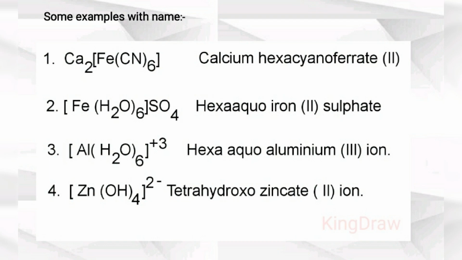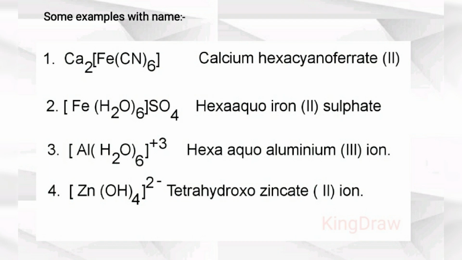See example number 2, [Fe(H2O)6]SO4. Here water is the ligand and its coordination number is 6. The central metal ion is iron with oxidation state 2+, and SO4 is present outside the coordination sphere. Here SO4 is a negative ion, that is the anion, and the remaining part is the cation.